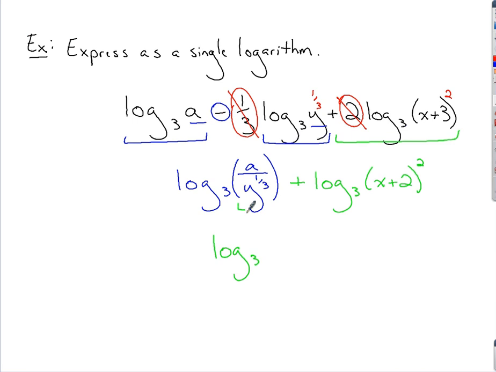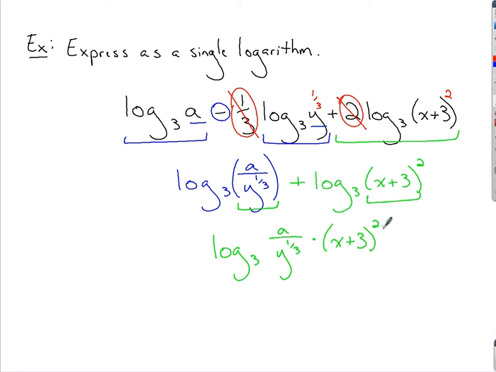I'm taking this portion times this portion because of the addition. So putting this together with the multiplication, we've got a over y to the 1/3 being multiplied to the x plus 3 squared.